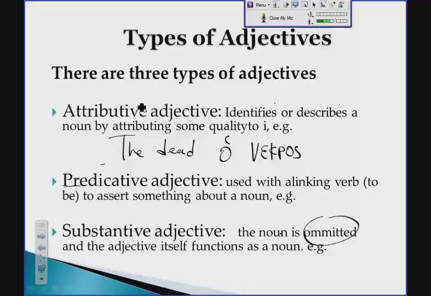The dead one. If it's plural, it will be hoi nekroi. So therefore it will be the dead ones, or the dead people.